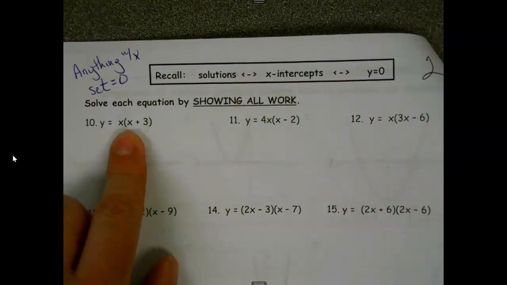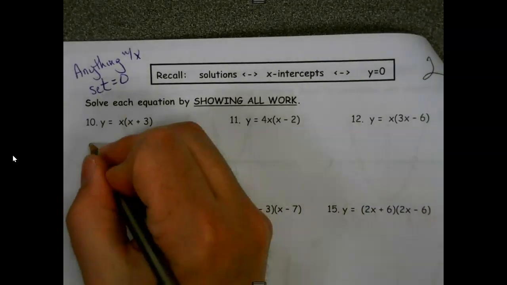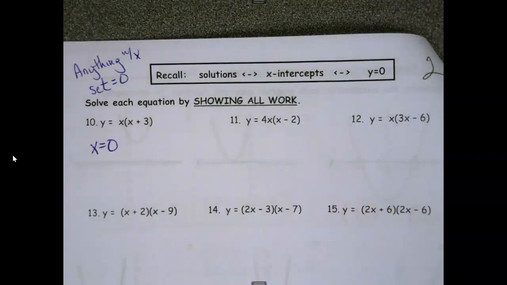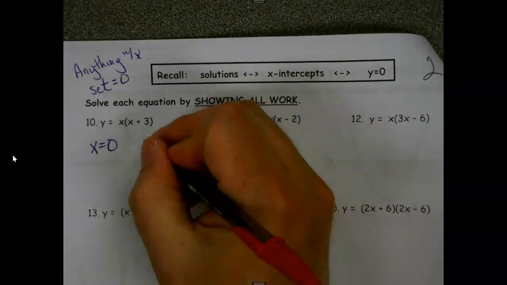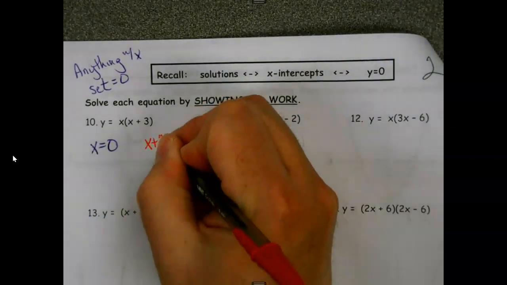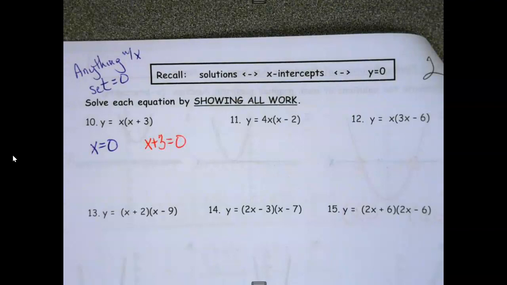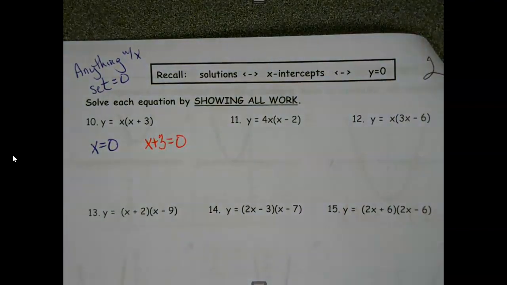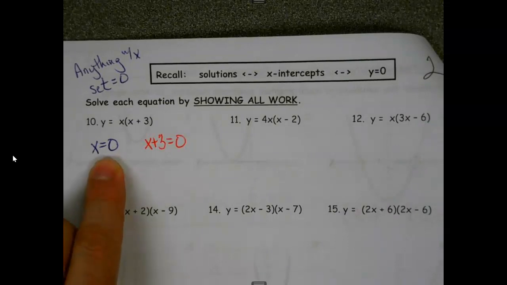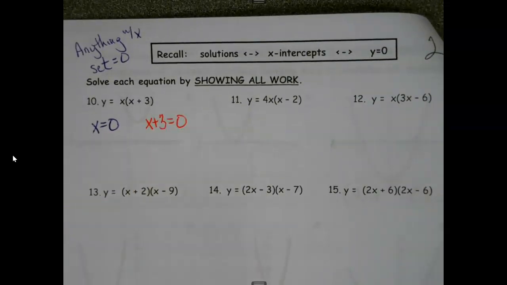So when I get here, even just the regular old x already, I set that equal to 0. And I do the same thing with the x plus 3. You're like, Hardy, I can't do anything with that. It's x equals 0 already. You're right.